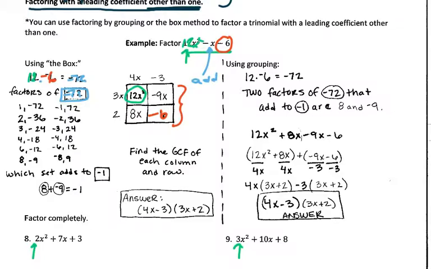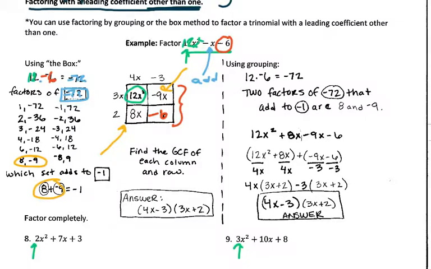If I take the time to list all of the factors of negative 72, which I have here, there's only one of them that will end up adding to be negative 1. That's 8 and negative 9, so over here. So 8 and negative 9 are going to end up being our values that are in here. Notice 8 is there and negative 9 is there.